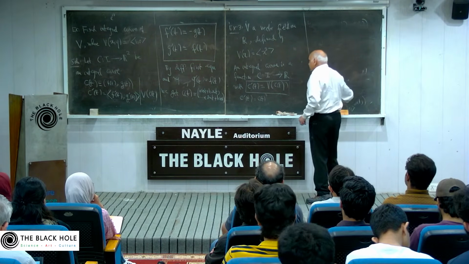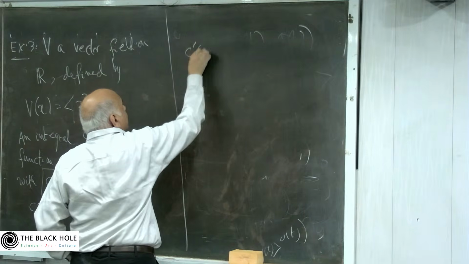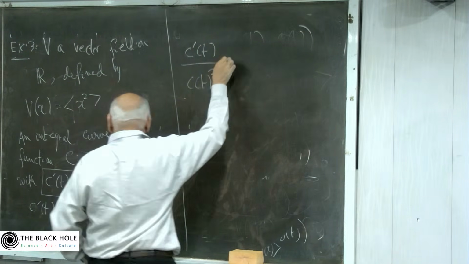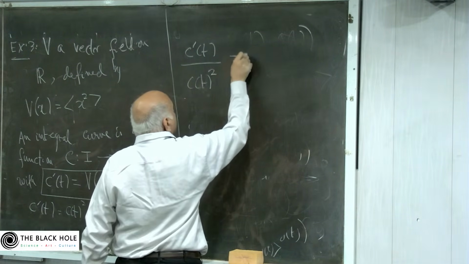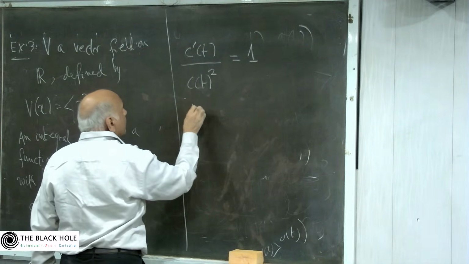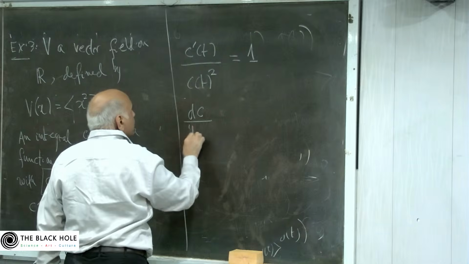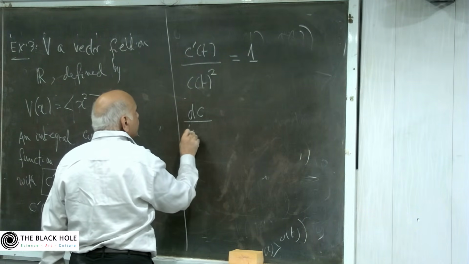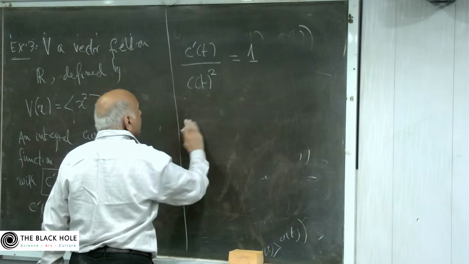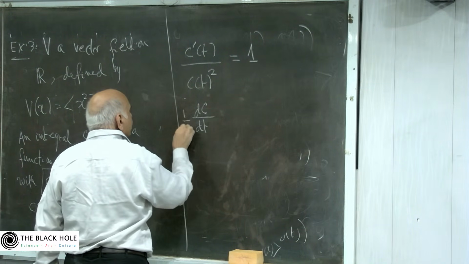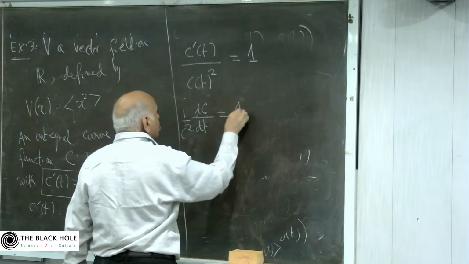So C prime t over C t squared is equal to 1. So dC by dt times 1 over C squared is equal to 1.